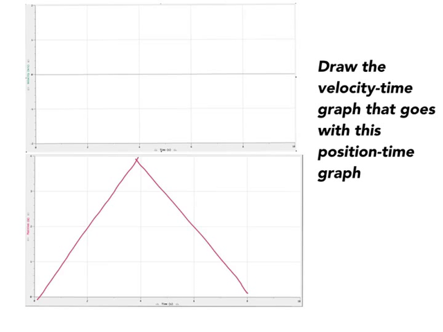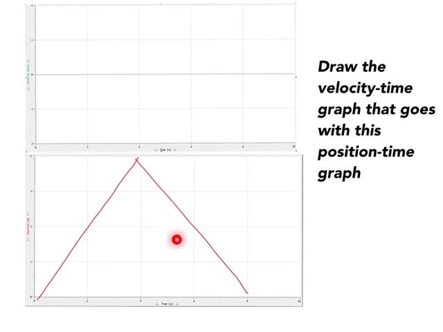So I walked away from the detector for 4 seconds and got 4 meters away, and then I turned around and I came back walking at a steady speed till at 8 seconds I got back to where I started. So this could be a graph of somebody walking down a 4 meter long hallway, and you walked in a straight line at 1 meter per second, and then at 4 meters you turned around and came back and walked exactly on the same line till at 8 seconds you were back where you started.